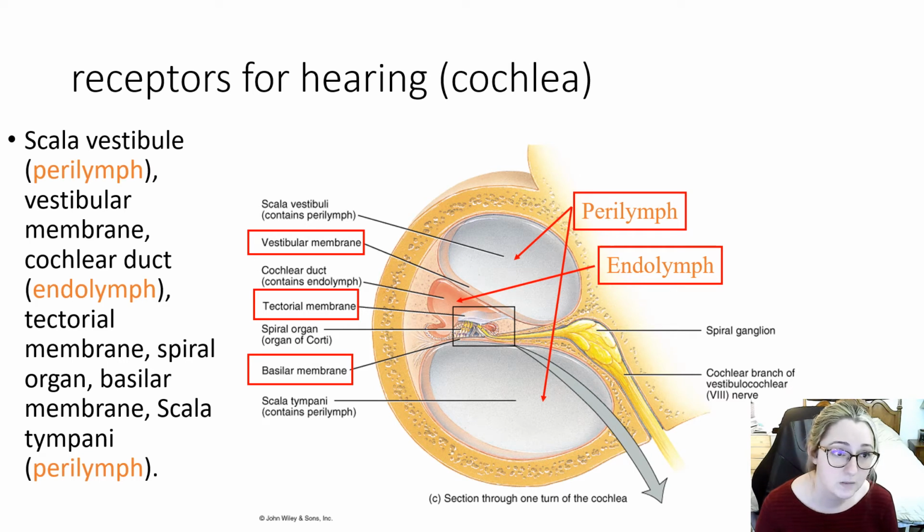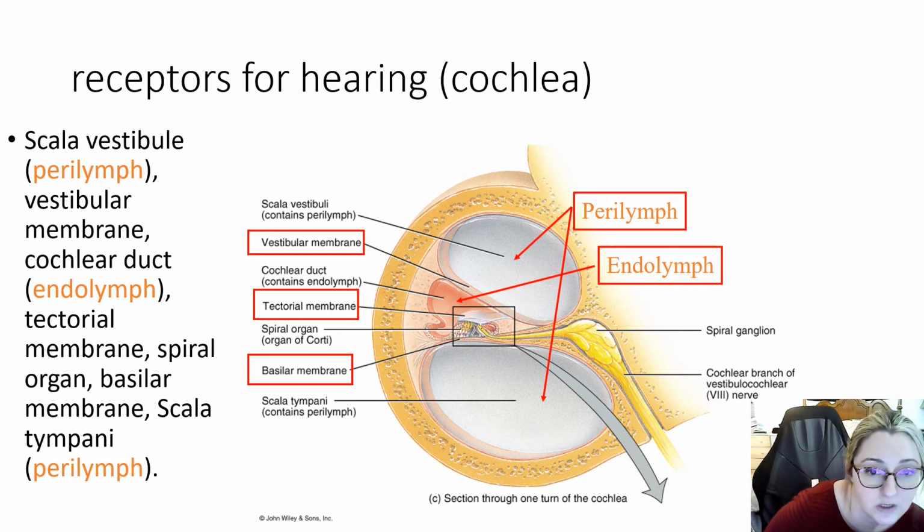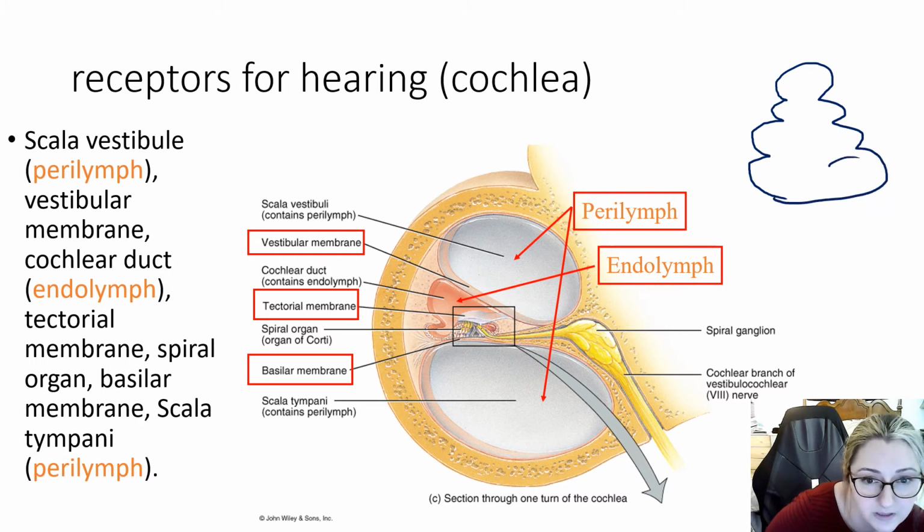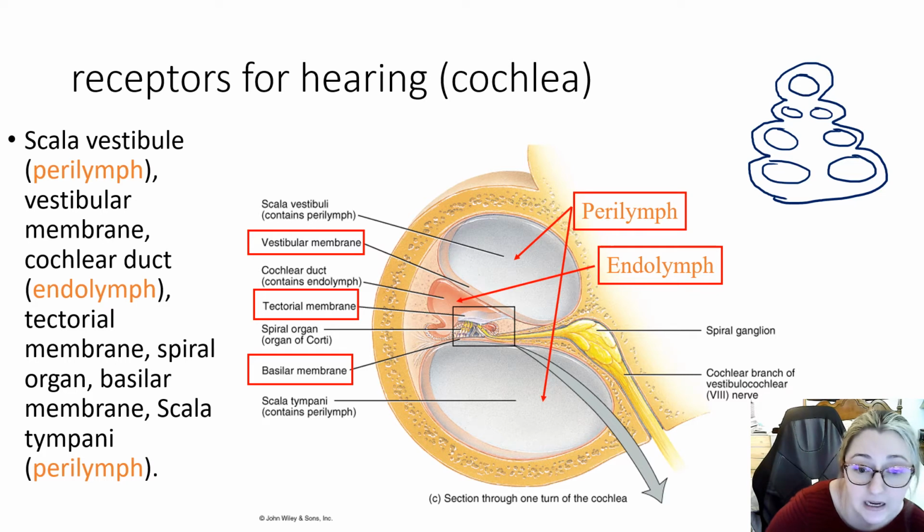So, moving a little bit closer into the cochlea is what this structure is showing us. The cochlea, if we cut it in half, kind of looks like a beehive, with these structures like holes here, which is just a continuous canal going up and then coming back down. So this is just one small section.